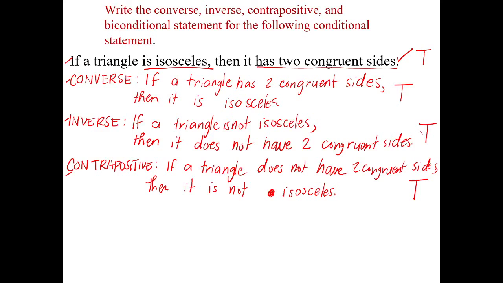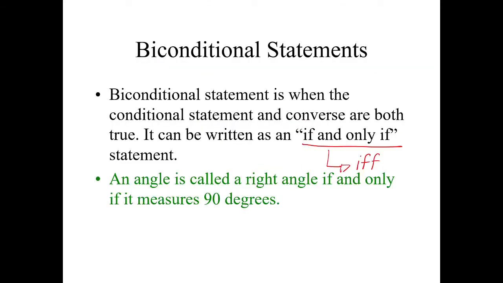Okay, what is the biconditional here? Go ahead, think of a biconditional. Sir, can you go back to the slide on the biconditional? No problem. That's an example of a biconditional.